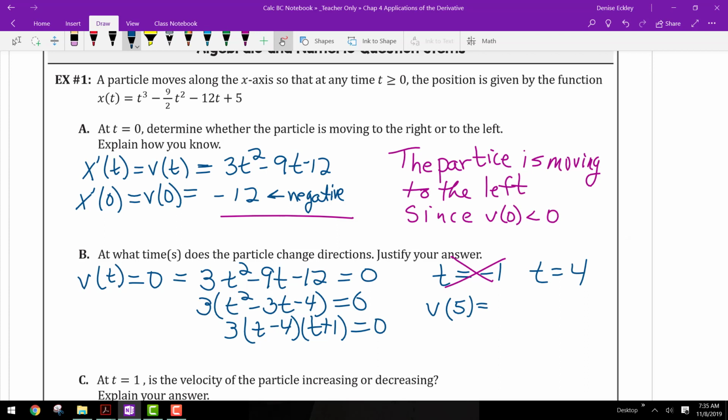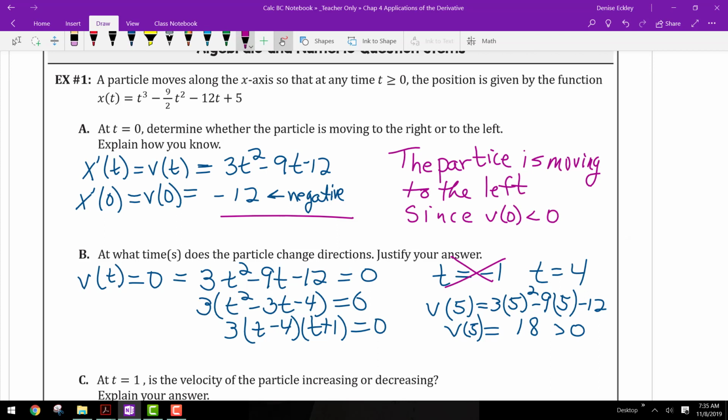And so when we do that, we get 3 times 5 squared minus 9 times 5 minus 12. You could have used 4.1, but I used 5. I guess I am a little far away. But what I see here is that my velocity at 5 is a positive number. This is greater than 0. So it has changed directions at 4, just to be on the safe side.